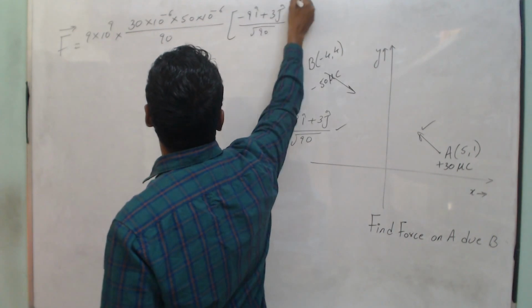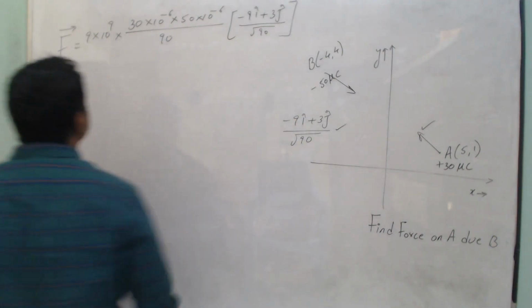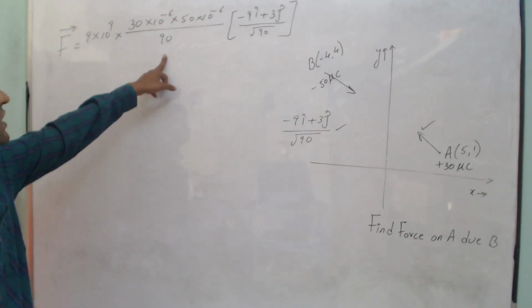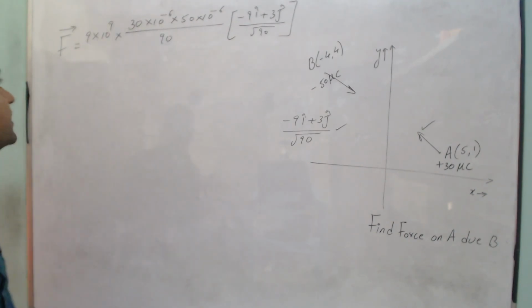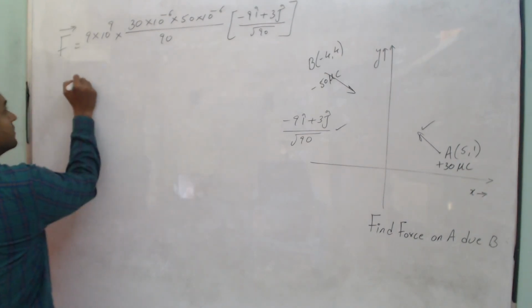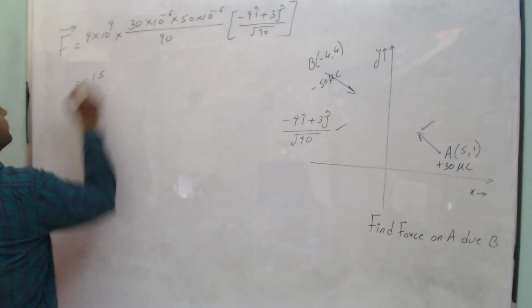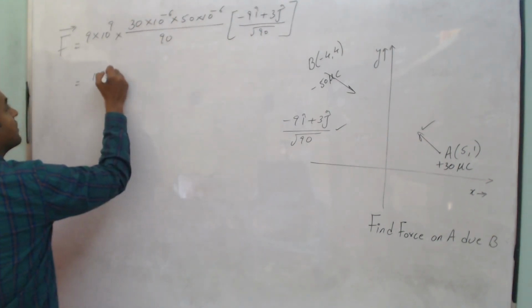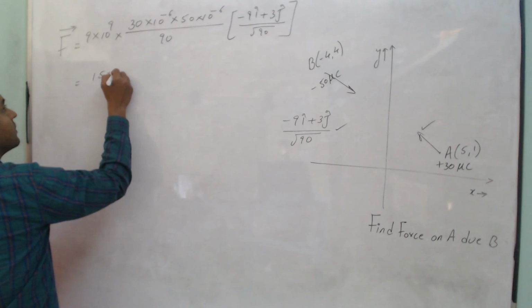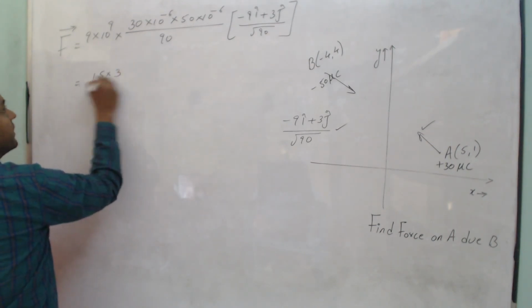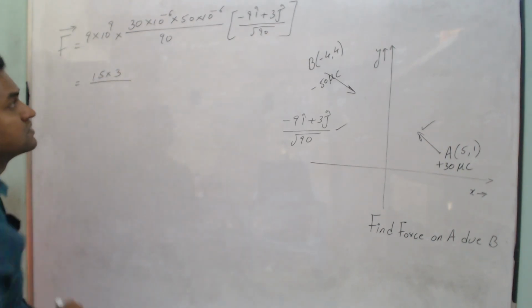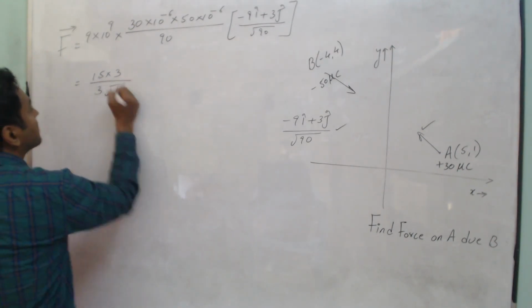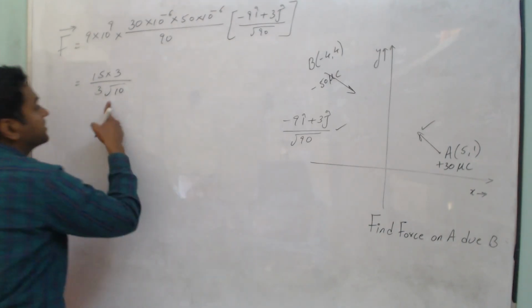Now we just have to simplify this. 9 becomes 10, 5 3s are 15. I'll take one 3 common also from there, and I will write this 90 as 3 root 10.